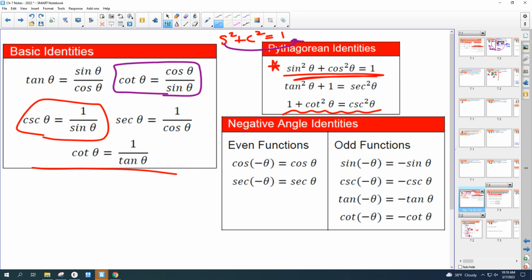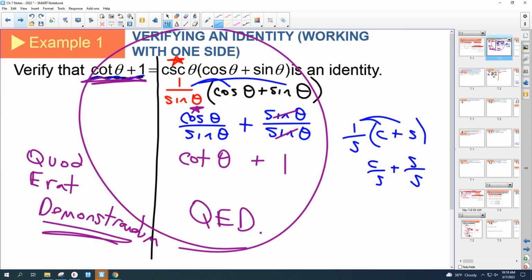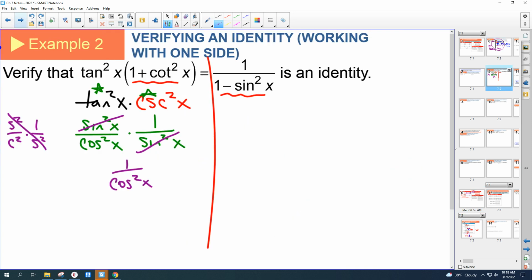If I subtract this over, c squared equals 1 minus s squared. That's what I've got. 1 minus sine squared x is going to be cosine squared x because I can just rearrange that identity. That's exactly what I want. So I'm going to change this to 1 over cosine squared x, and that's exactly what I needed to happen. QED.